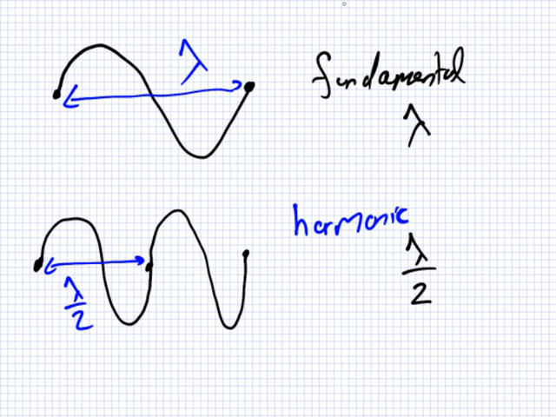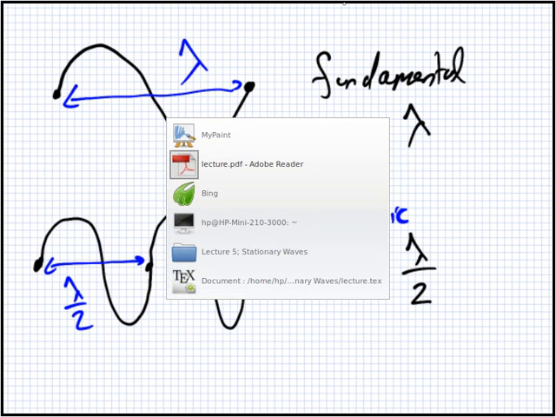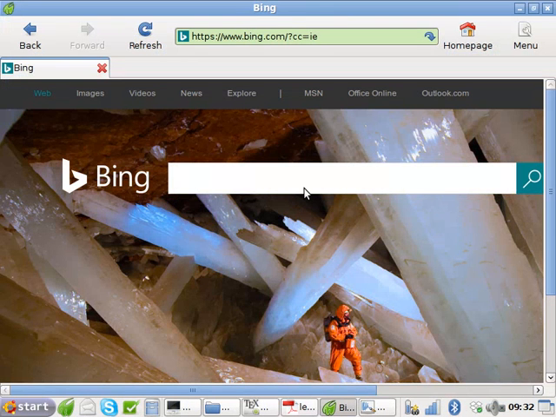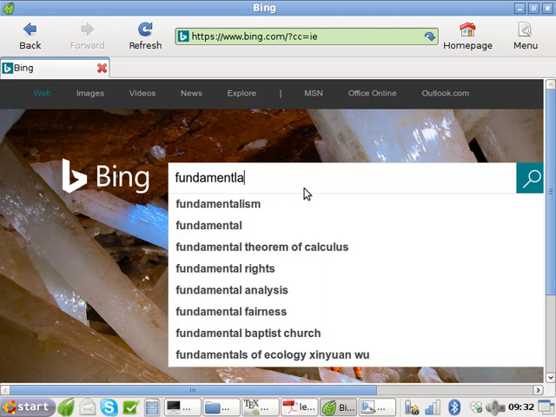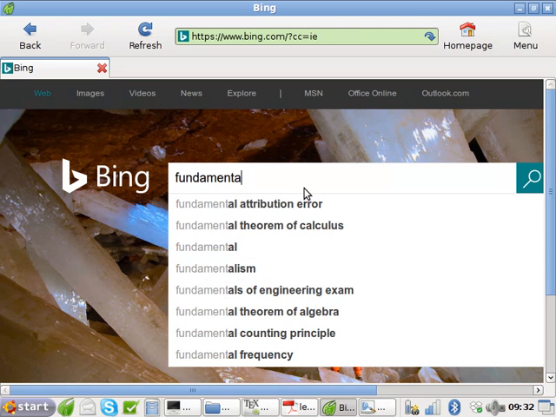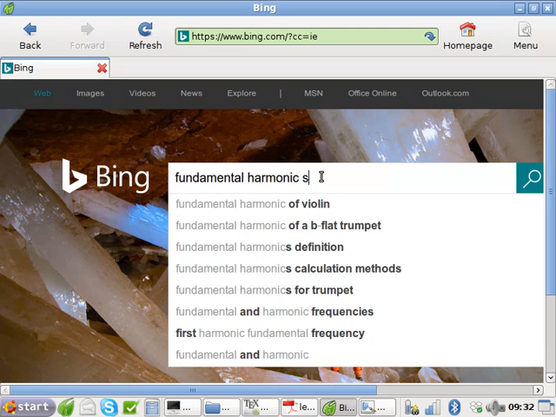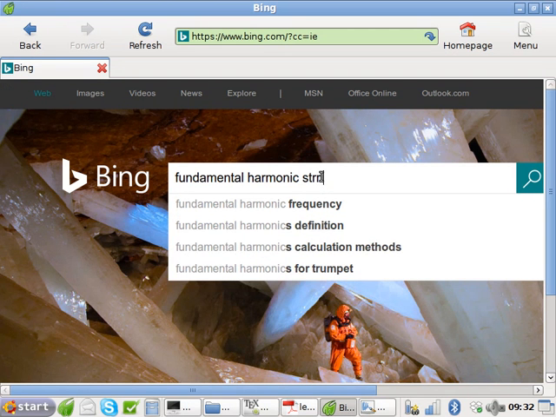You got that? Yeah. No? What's taking so long? You've been here the longest. I just need fundamental and harmonic. I think there are explanations. I'll get you a nice picture here.